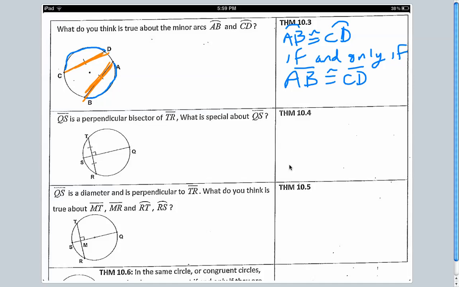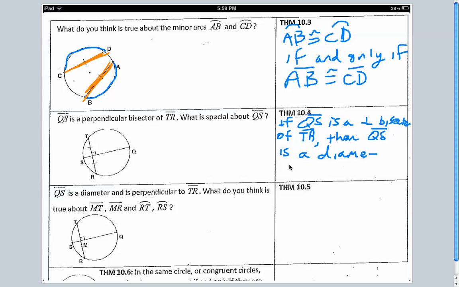Theorem 10.4 says this: if QS is a perpendicular bisector of TR, then QS is a diameter, which means it cuts that circle in half.